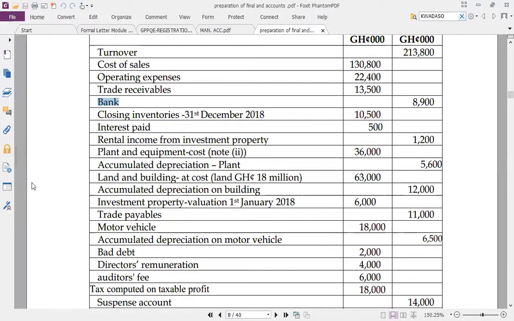Just that the bank balance here is a negative balance, an overdraft, because it is on the credit side. So they have a negative balance of 8,900 and then there's good news of cash of 4,500. So what will be the net balance of the bank?